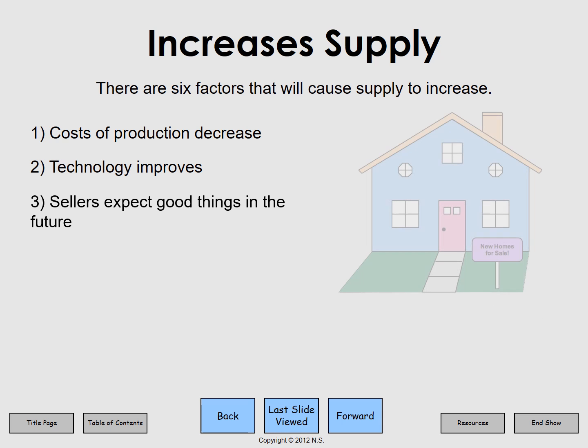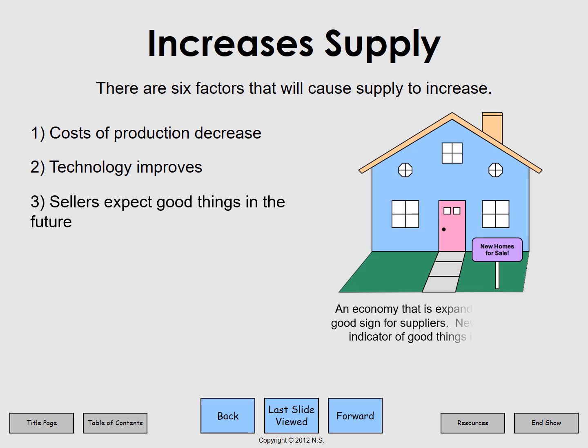The next thing is sellers expect good things in the future. An economy that is expanding is always a good sign for suppliers. New homes are an indicator of good things in the future. If people are buying homes, it means they think they're going to have a job for the next 10, 20, 30 years, because that's usually how long it takes to pay off a house.